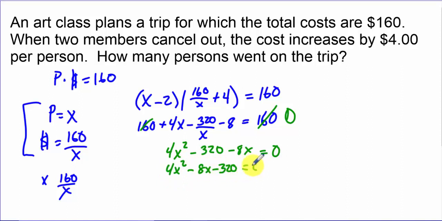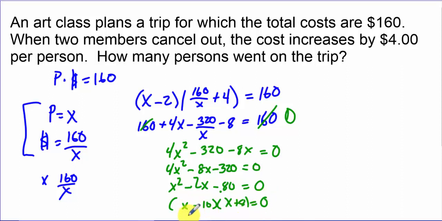I notice in this case that everything's divisible by 4. So basically, I have x squared minus 2x, and when I divide 320 by 4, I get 80, equals 0, which works out really nice because x minus 10 and x plus 8 gives me that 80.